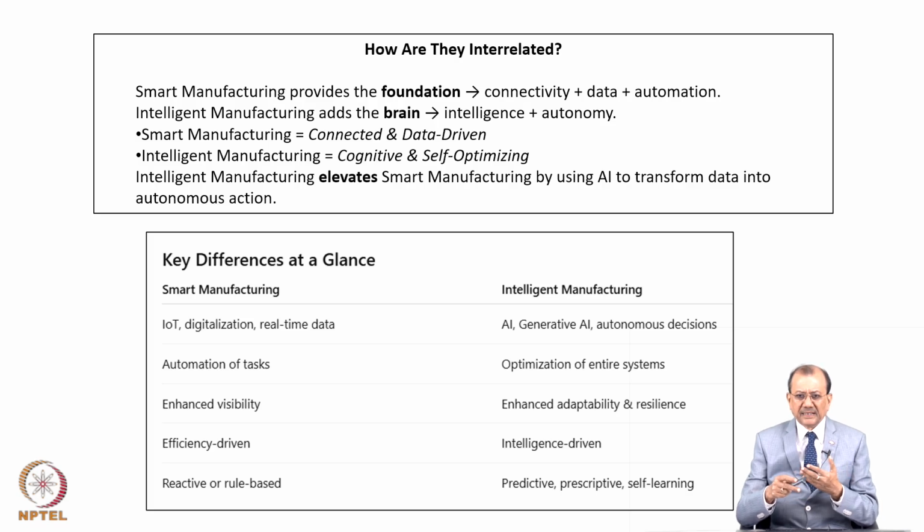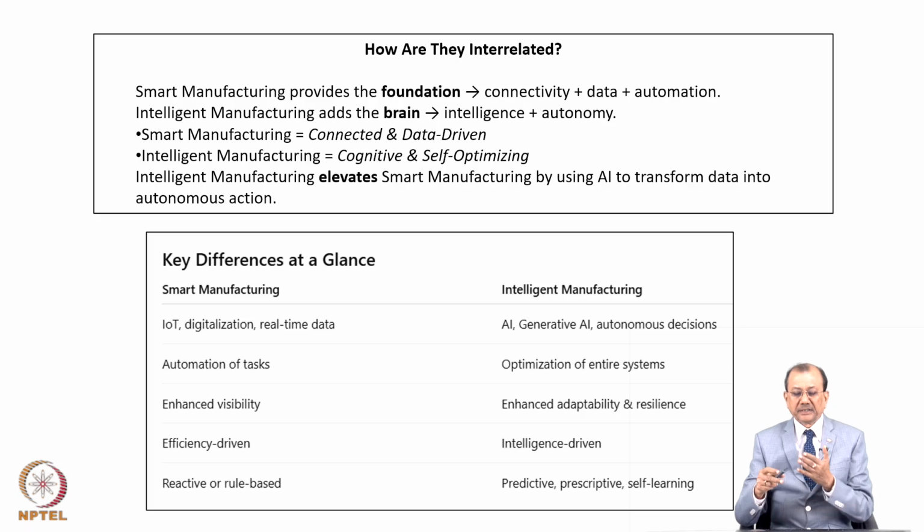Key difference at a glance: if there is a factory which has not incorporated intelligent manufacturing, and is only following smart manufacturing, which is the case in a large number of companies as of today, they will be using technologies like IoT, digitalization, enhanced visibility, but they will be missing the latest outcomes of intelligent manufacturing, like optimization of entire systems, intelligence-driven operation, predictive and prescriptive self-learning systems.